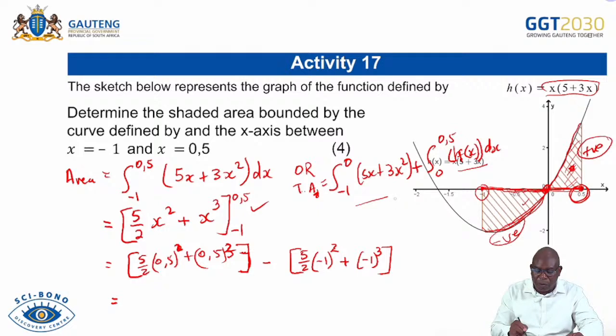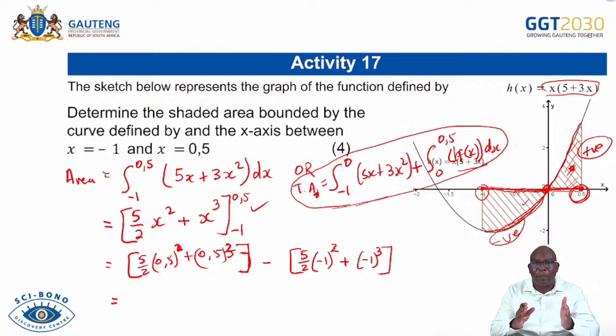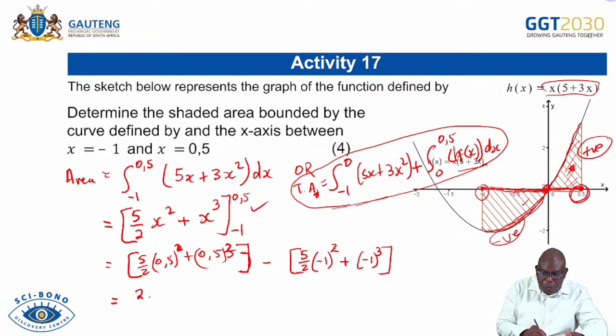So you can either use that part here, total area, by separating the two areas. So you can have area 1 and area 2, work them separately, add the two, and then from there you have the same answer. So the answer that we're going to get here is going to be 2,25. Don't forget, you must write square units.